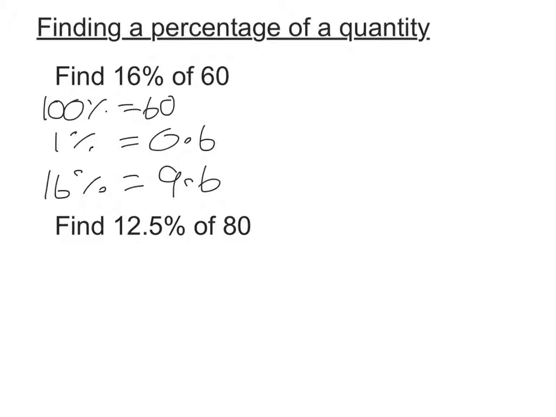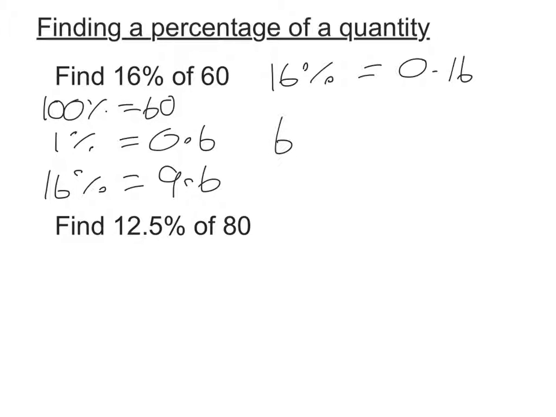Alternatively, and what I would encourage you to do, is if you're trying to get a percentage of a quantity, write the percentage as a decimal, which I showed you in the previous slide, and that is what's called your multiplier. All you need to do is multiply your quantity by the decimal and it will give you the answer. So 16% as a decimal is 0.16.